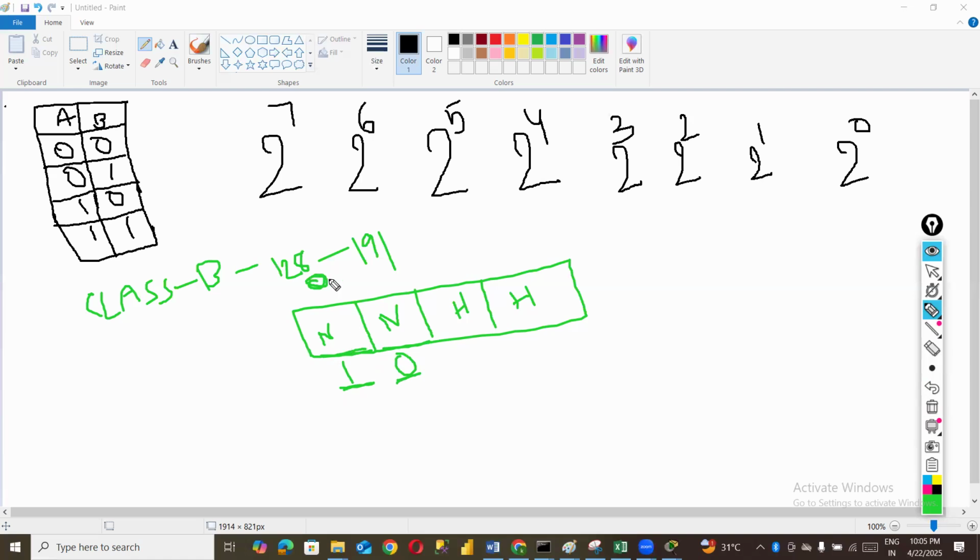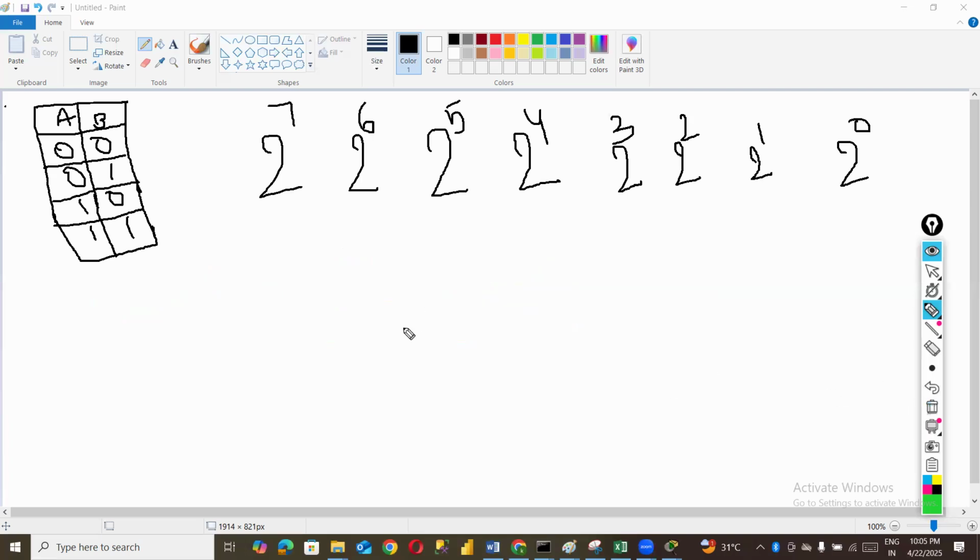So what is the minimum value in the class B? Class B is 128. Okay. So let's say one example. Again, we'll clear this. 128, 64, 32, 16, 8, 4, 2, 1. Okay.